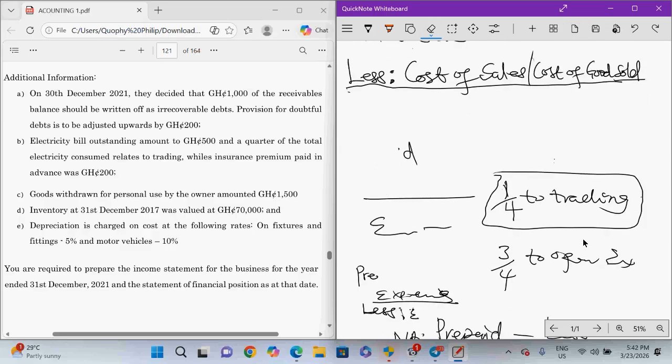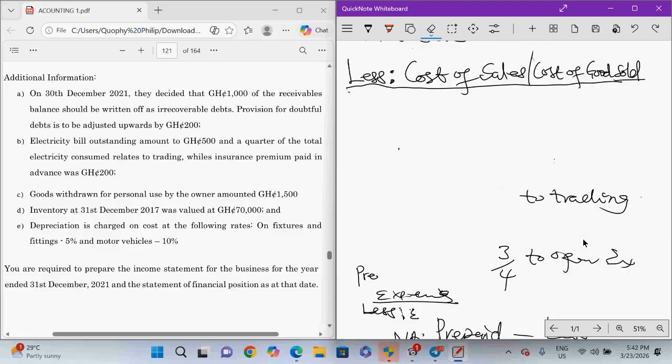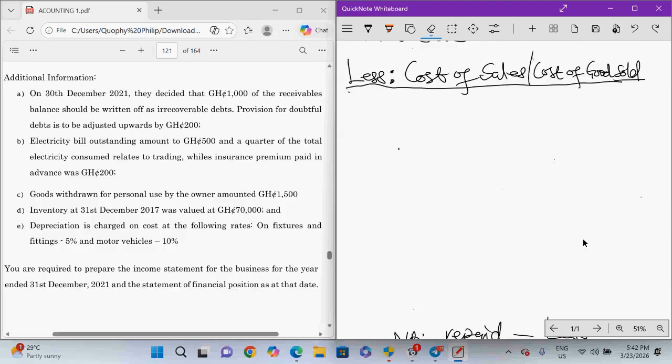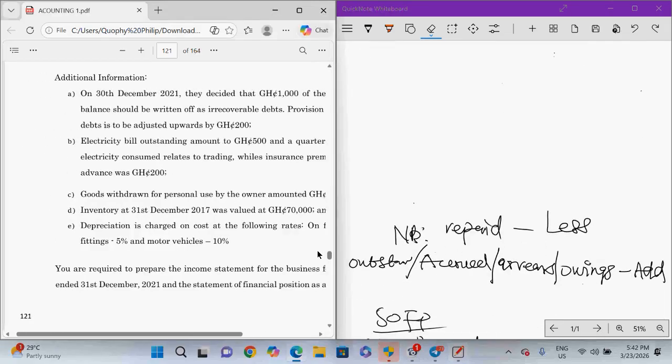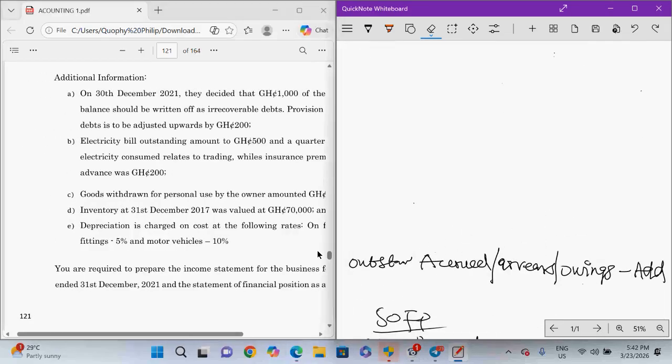We have to look at a lot of final accounts, because final account is the main question in your exams, right?